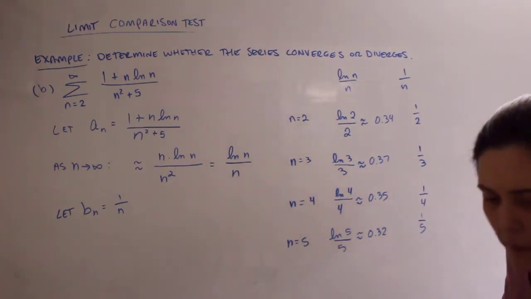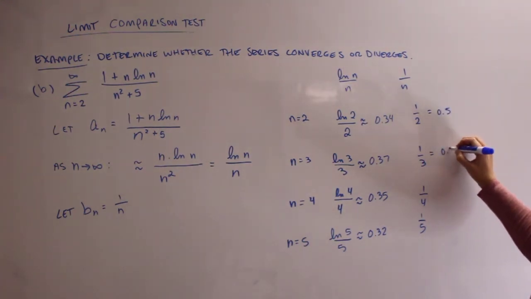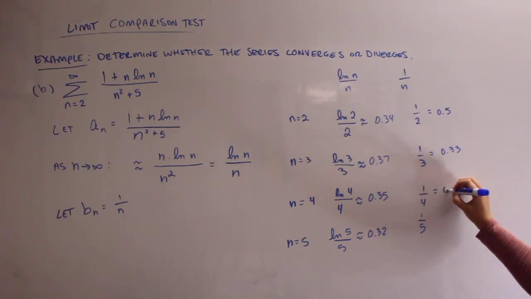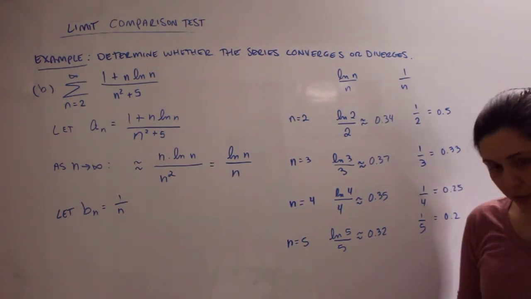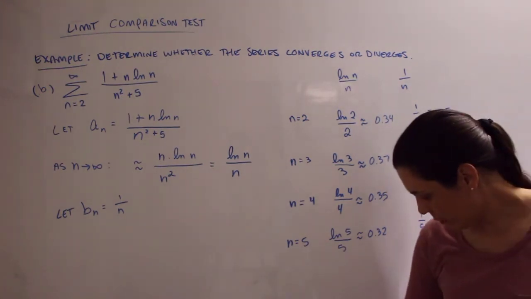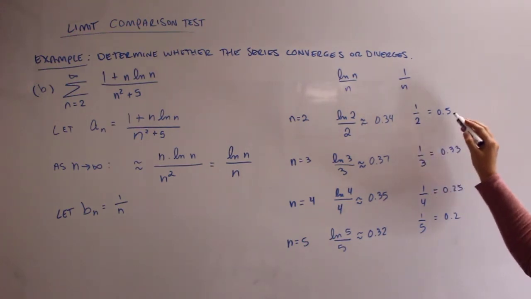Now let's compare with some decimals. 1/2 is 0.5, 1/3 is about 0.33, 1/4 is 0.25, 1/5 is 0.2. Let's make a little observation about the comparison. Over here, 0.34 is less than 0.5.